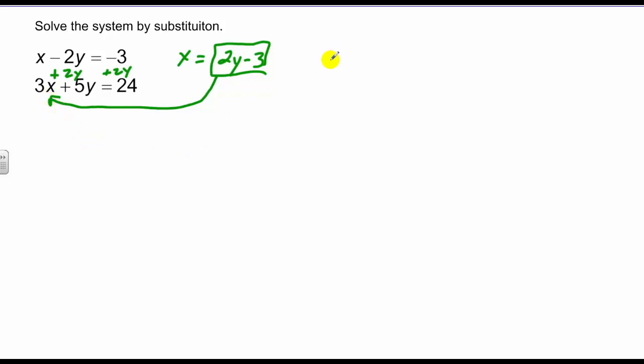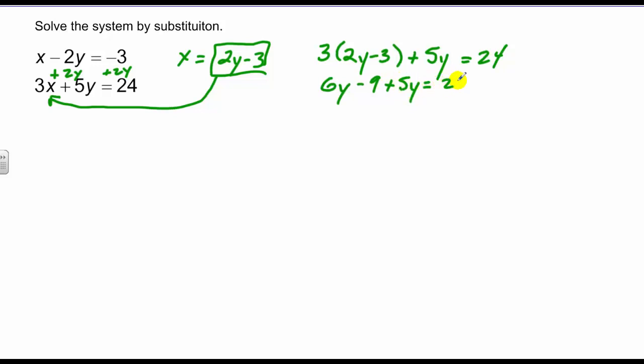Now that I know the value of x, I can substitute that into the other equation for x. So now I have 3 times x, which is now 2y minus 3, plus 5y is equal to 24. Distributing, 6y minus 9 plus 5y is equal to 24. 11y minus 9 is equal to 24.